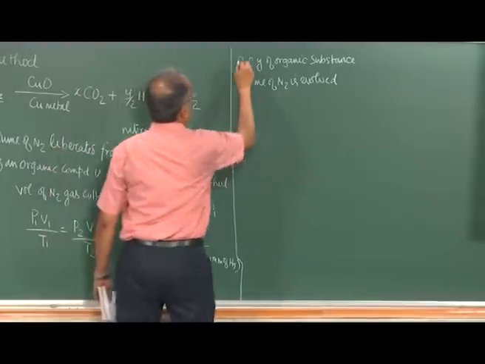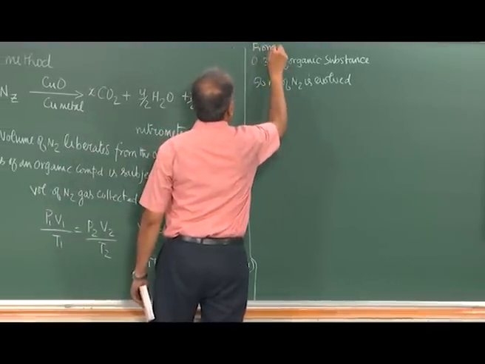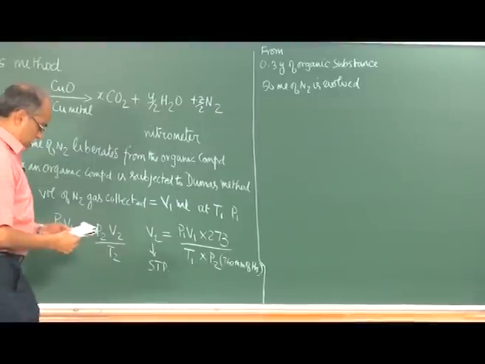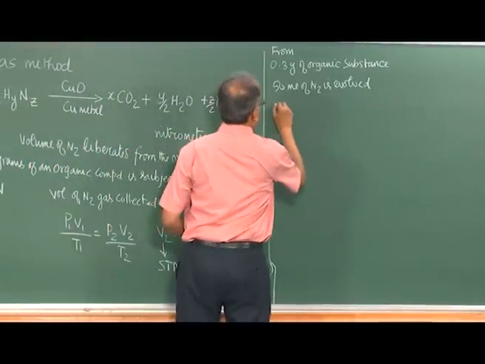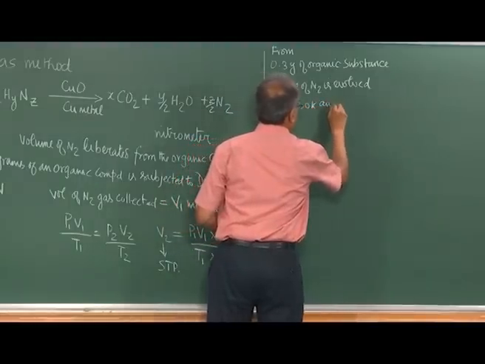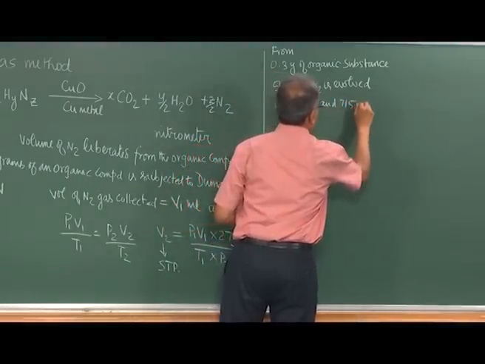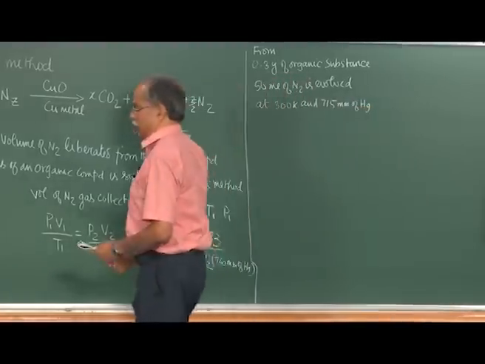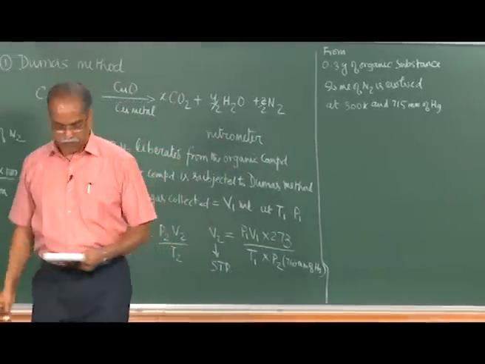So, from 0.3 grams of organic substance, 50 milliliters of nitrogen is evolved at 300 Kelvin and 715 millimeters of mercury, that is the pressure at which the nitrogen is collected, for example.